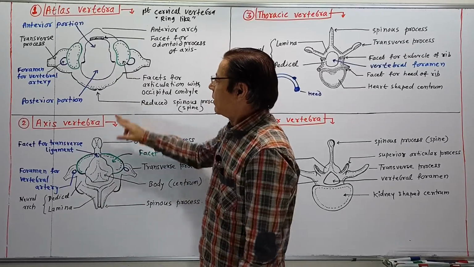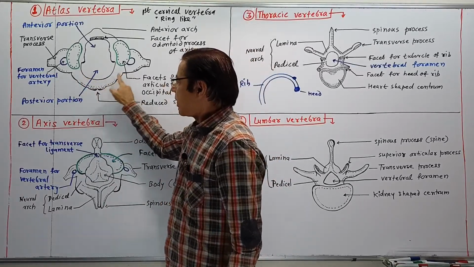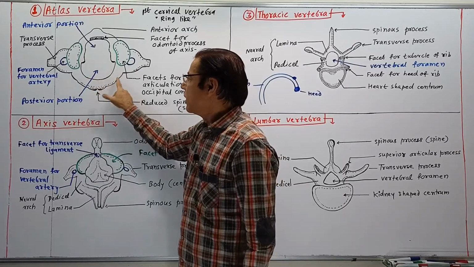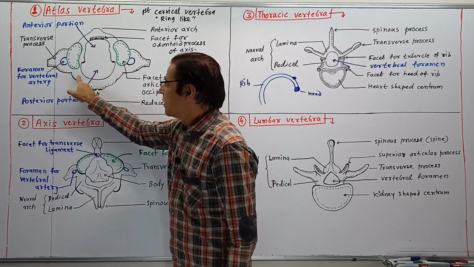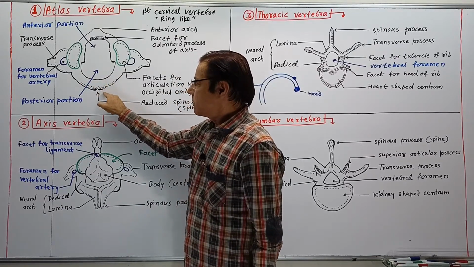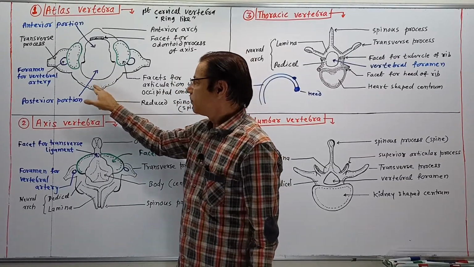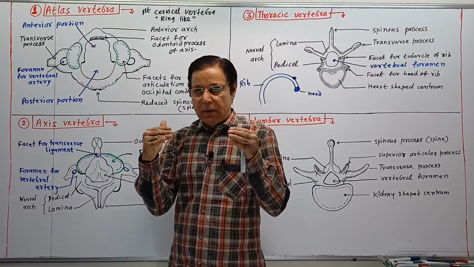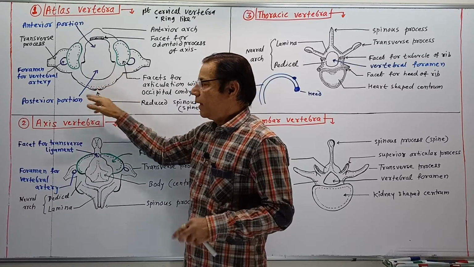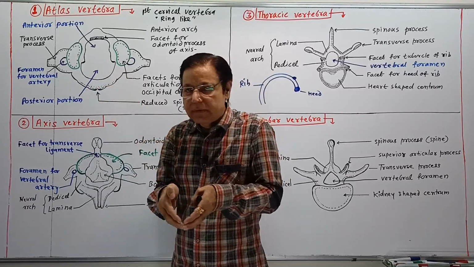Okay, now here the neural arch encloses a cavity, the neural canal or vertebral foramen. The neural arch has this pedicle, and the terminal, posterior portion is called the lamina. Pedicle and lamina form the neural arch.